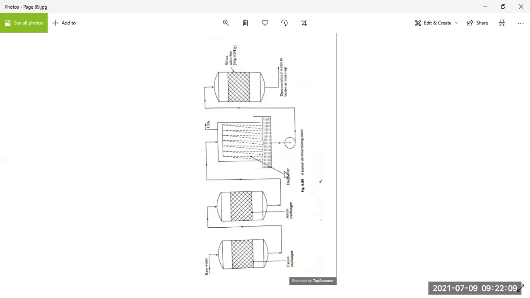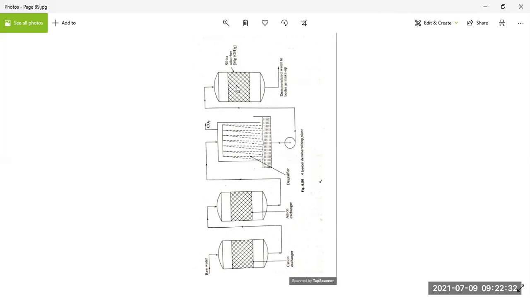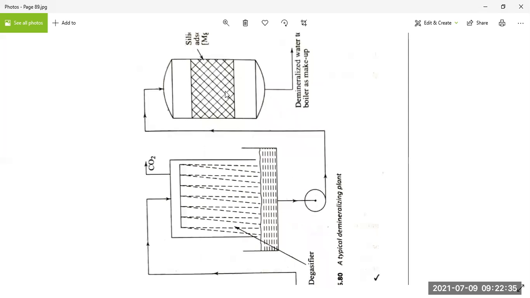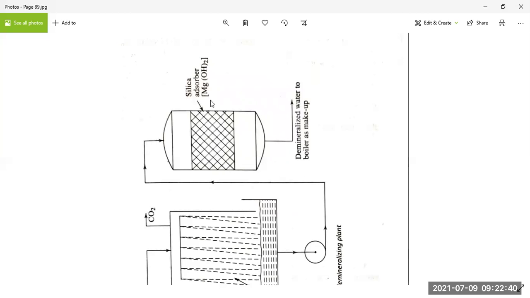From the bottom, it goes to the degasifier, where it releases the carbon dioxide from the water itself. Then through a pump and valve, it goes to the silica absorber, which uses magnesium hydroxide. And then from the bottom, the totally purified water is sent back to the power plant itself.